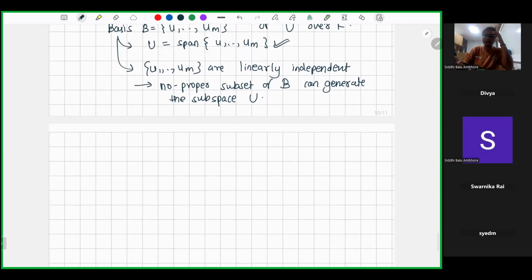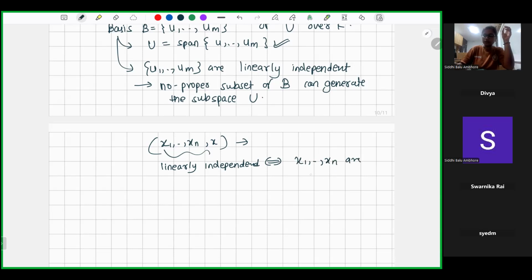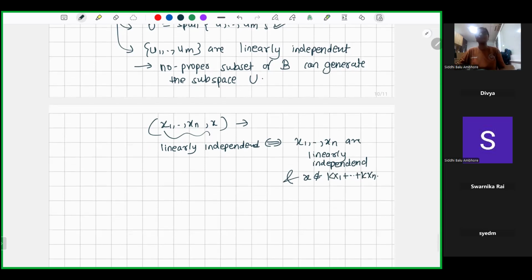I hope you remember something like this: we took x1 to xn and x, and we showed that this set is linearly independent if and only if x1 to xn are linearly independent and x does not belong to the span of x1 to xn, the subspace generated by x1 to xn, written kx1 to kxn. This is what gives me that this entire set is linearly independent.